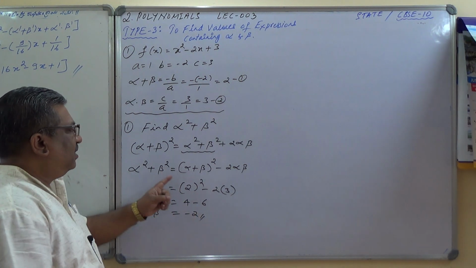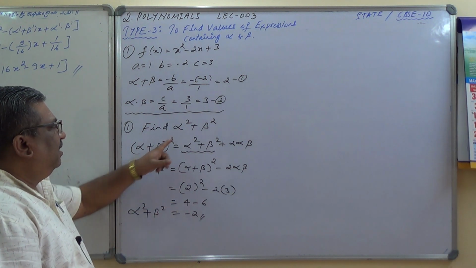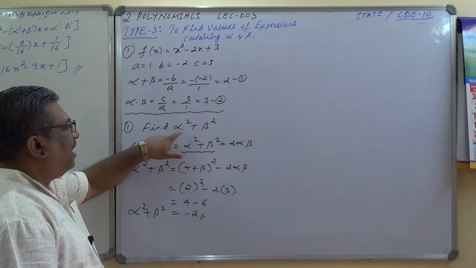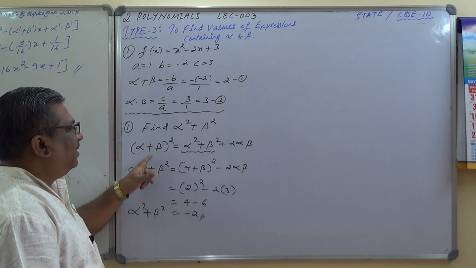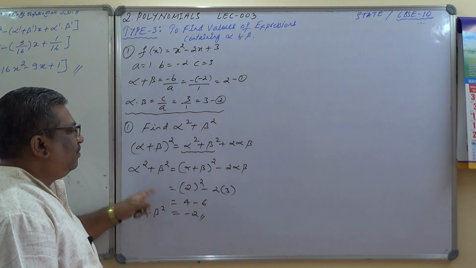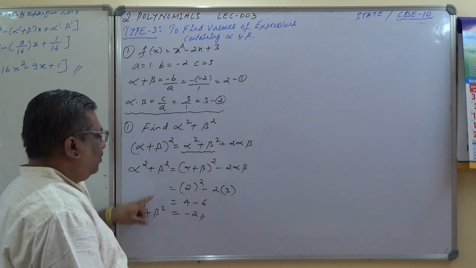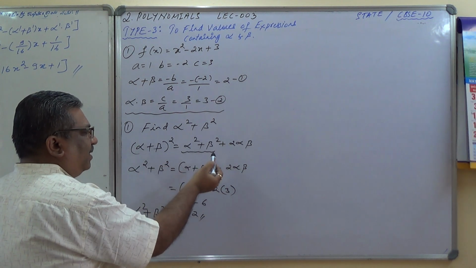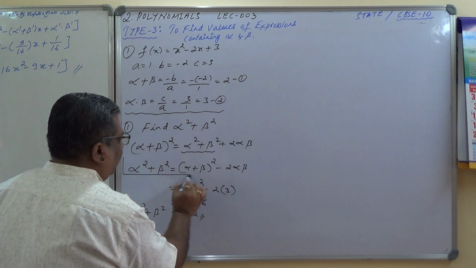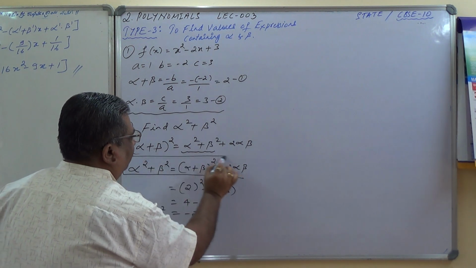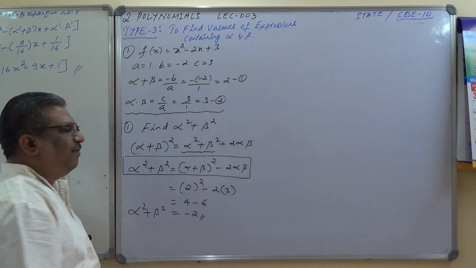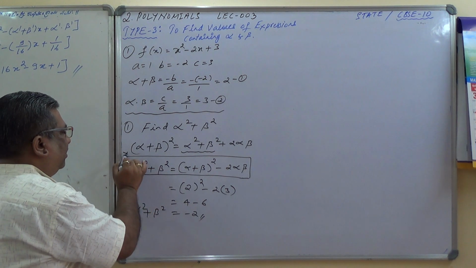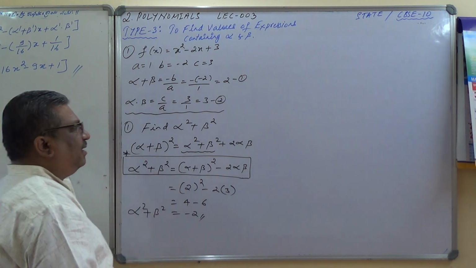Important: how to manipulate in order to get alpha square plus beta square. How to manipulate the algebraic identities is very important. First question is over. So you know, if you are asked alpha square plus beta square, how to get it in terms of alpha plus beta and alpha into beta. This is important. All these things I will be marking under blocks.